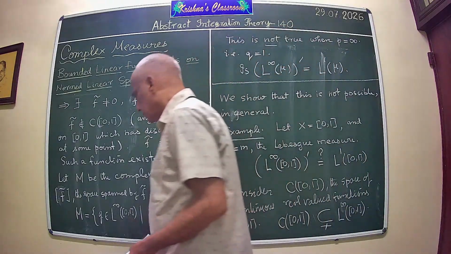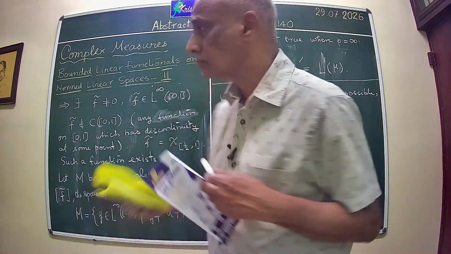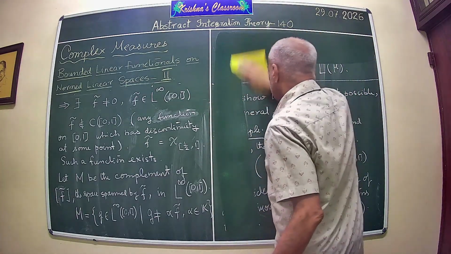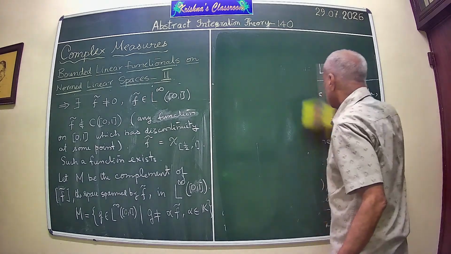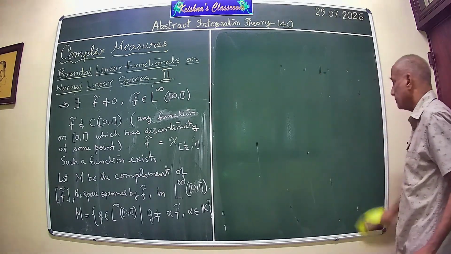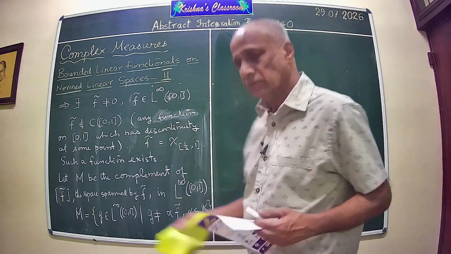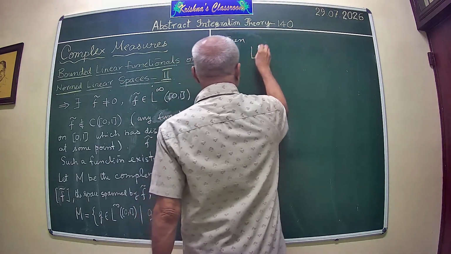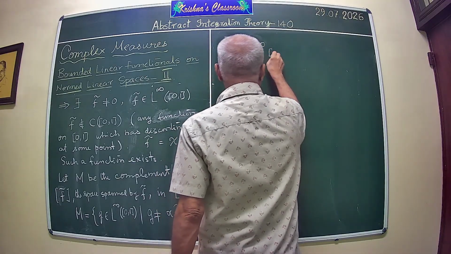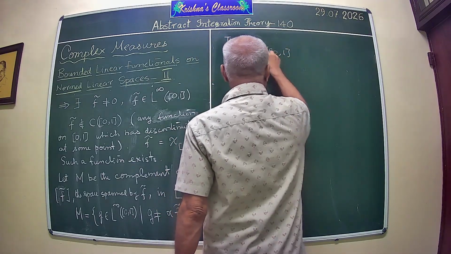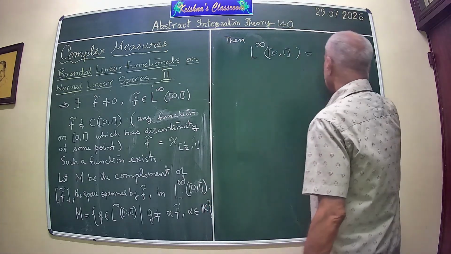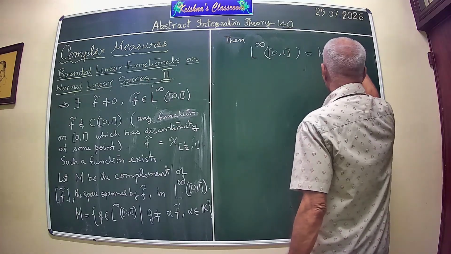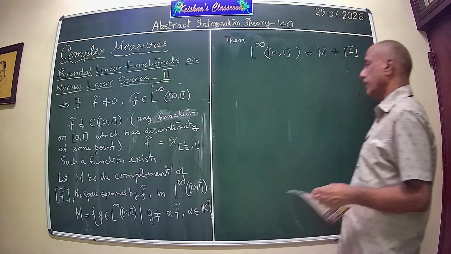Then clearly we have the following. When I say complement, this is what I mean: the whole space is equal to M plus N.